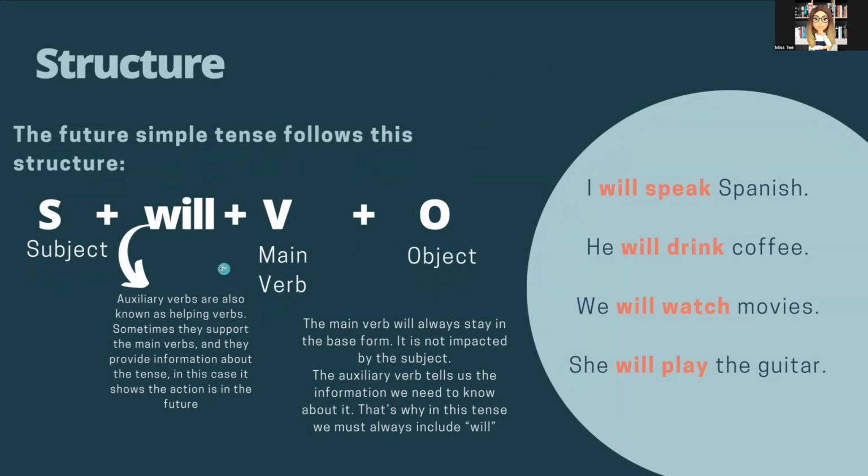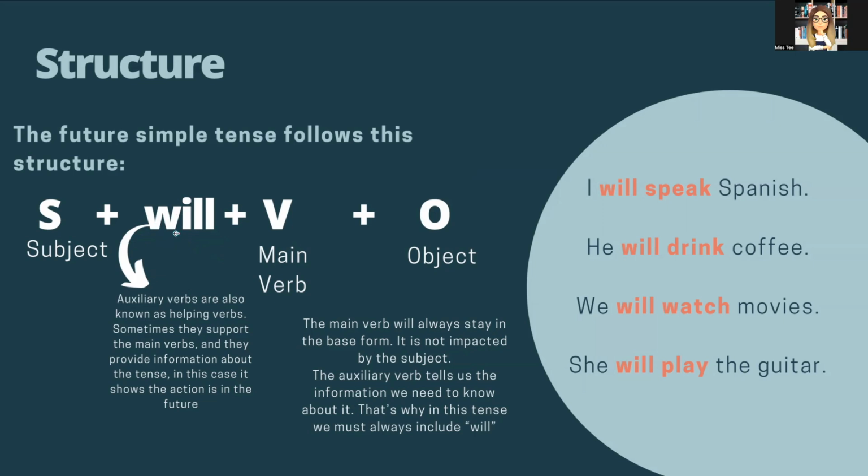We've seen the auxiliary verb before in other videos about tenses. Auxiliary verbs are also known as helping verbs. Sometimes they support the main verbs and they provide information about the tense. In this case, the auxiliary verb is will, and it tells us that this is happening in the future. So will is the word that shows us that we're talking about the future.